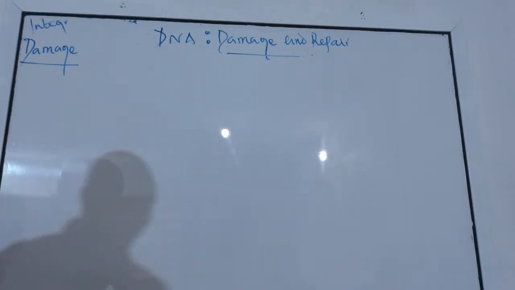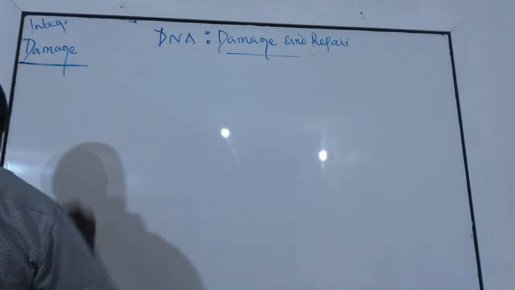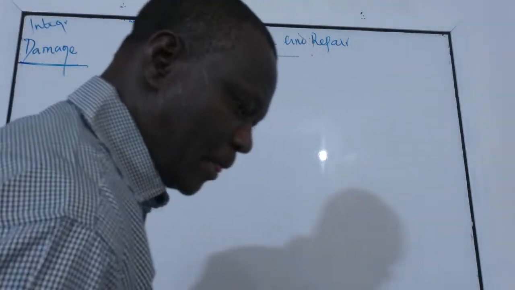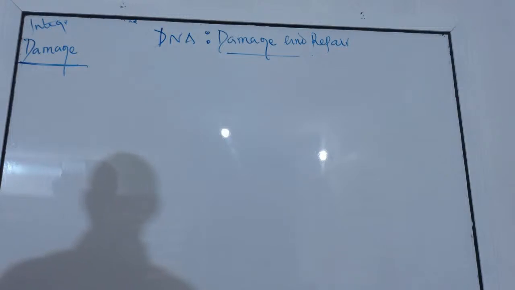So let's consider the mechanism of DNA damage, the mechanism by which DNA can be prone, or we can have problems with DNA. There are various factors, and these factors will target the structure of that DNA.